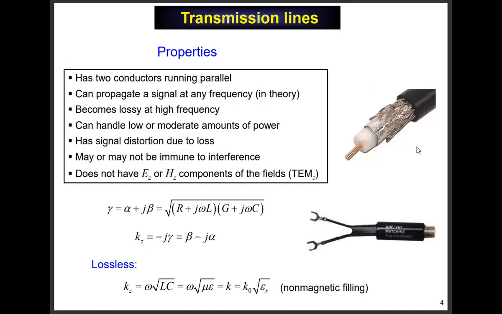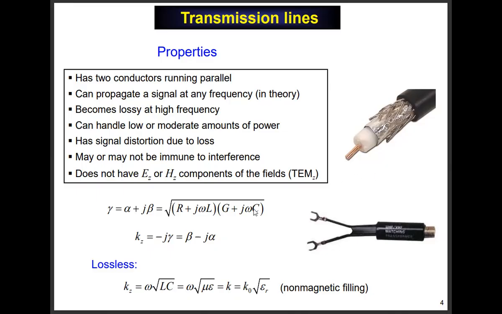The E and H vectors stay in that plane. The E vector will be in the radial direction, going from the inner conductor to the outer conductor, and the H will be in what we call the phi direction, circulating around inside, but neither E nor H will have a Z component. All transmission line waves are of that kind, TEMz.